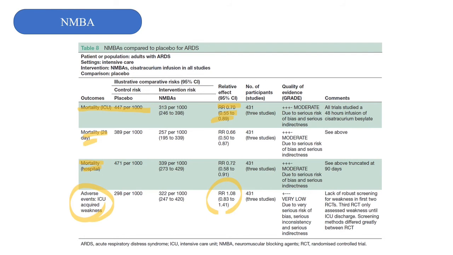Because if you allow the patient to have spontaneous breathing, it will be very difficult to control his breathing to the target tidal volume of 6 milliliters per kg predicted body weight.